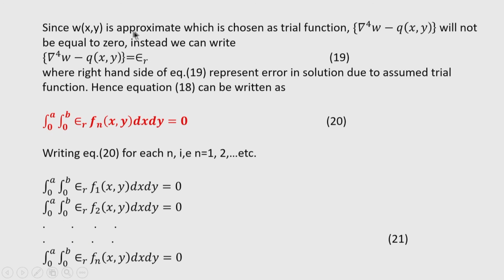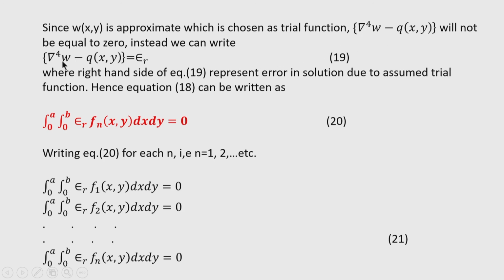Since w(x,y) is approximate, which is chosen as the trial function, D del 4 w minus q(x,y) will not be equal to 0. Instead, it will show an error, because w is not an exact function. So, D del 4 w minus q(x,y) will not be 0, because it cannot satisfy the differential equation.